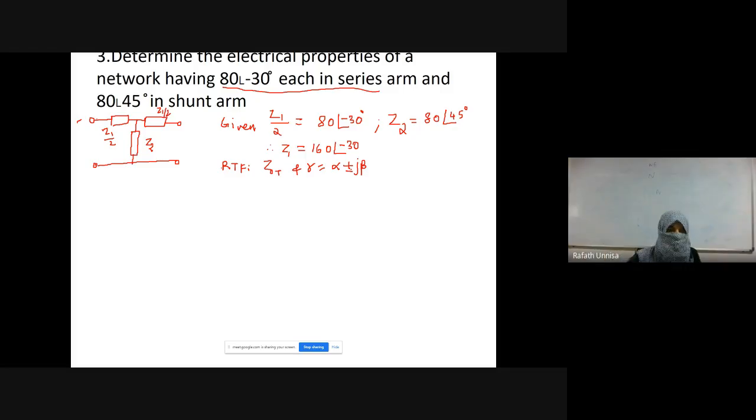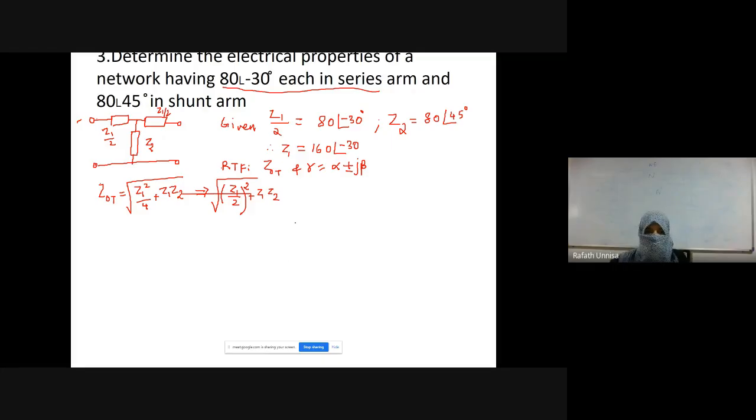Okay, so now let us proceed with this problem by writing our formula for ZOT. ZOT equals root of Z1 square by 4 plus Z1 Z2. Okay, so this I can also write as root of Z1 by 2 whole square plus Z1 Z2.